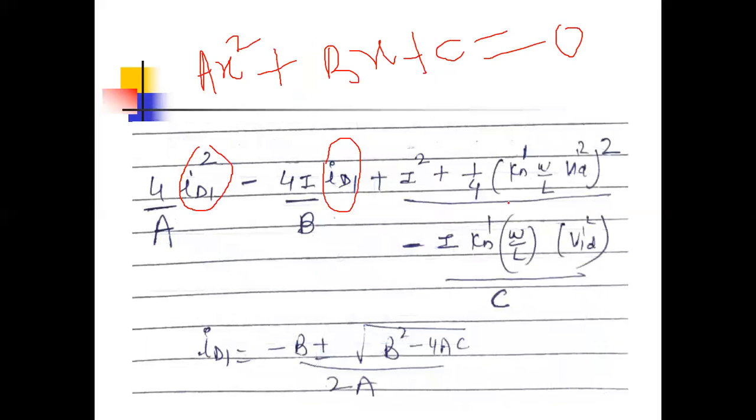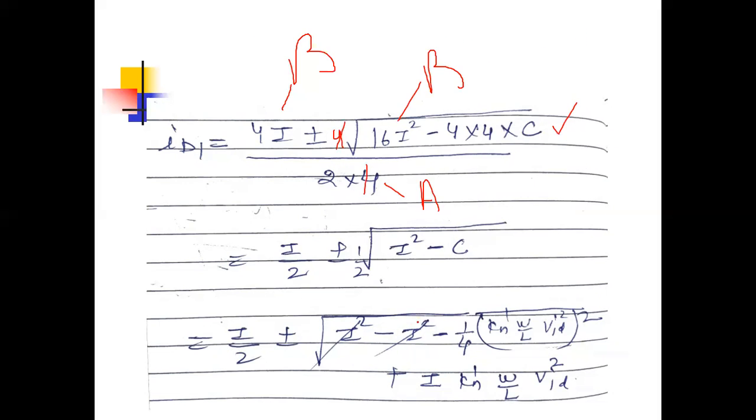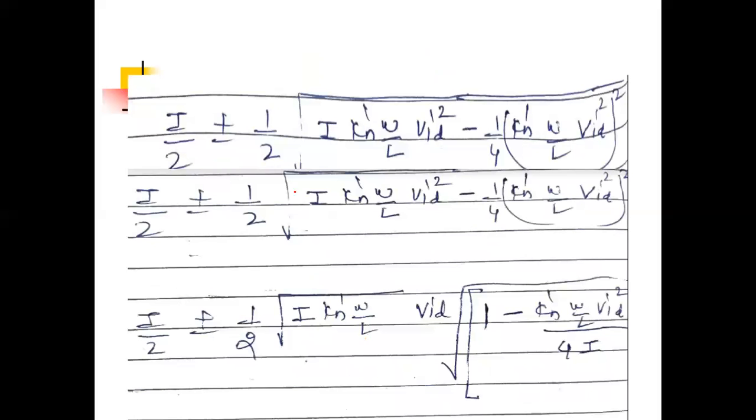Now put the value of this whole c here. Okay, and you will put the c, I square will be cancelled. Okay, so this will be I by 2 plus minus 1 by 2 under root I kn dash w by l vid square minus 1 by 4 this. Okay, now take this term common from this. So inside, if we take this term common, this term will be 1, and this whole term is in square form.